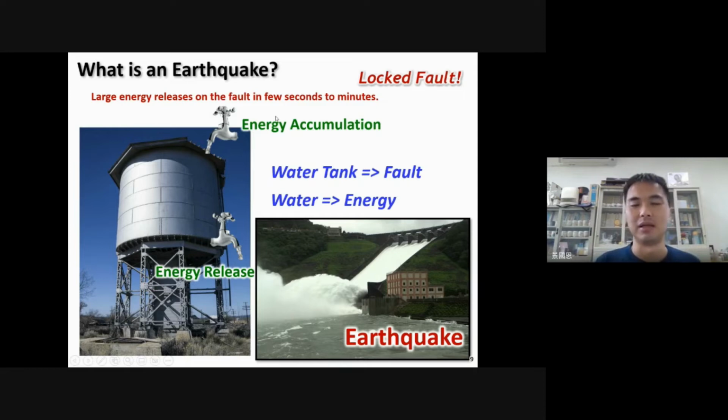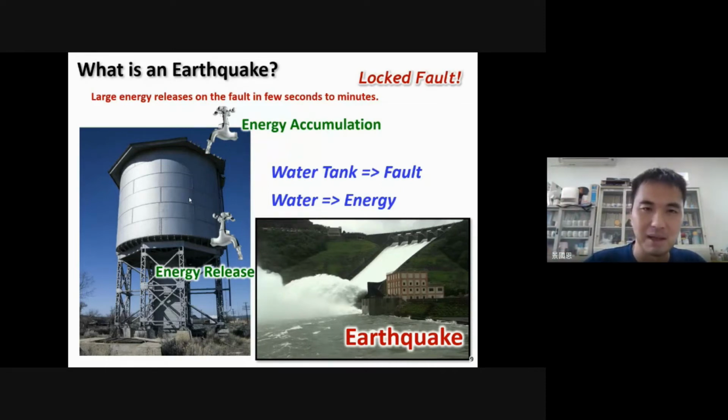And based on this figure, or this slide, that means if we want to predict the earthquake, or estimate the earthquake potential, then we always need to understand several parameters, like what's the size of the water tank. That means the size of the fault.